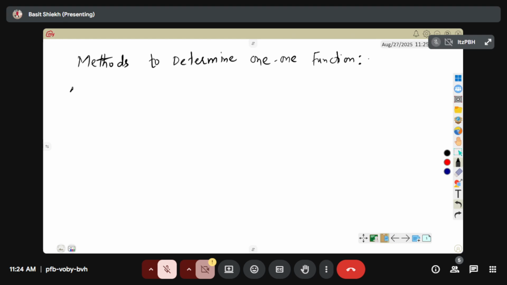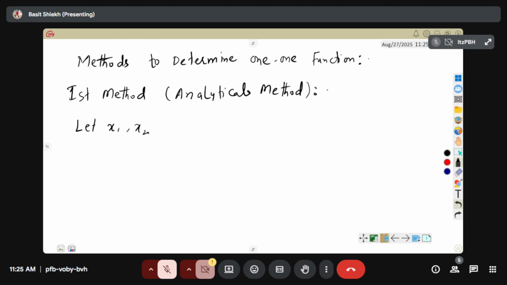First method, analytical method. Let x1, x2 belong to the domain of f. If x1, x2 are points in the domain, this is B, this is A, this is f.